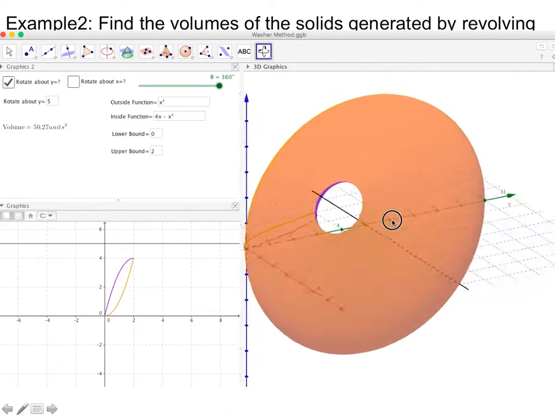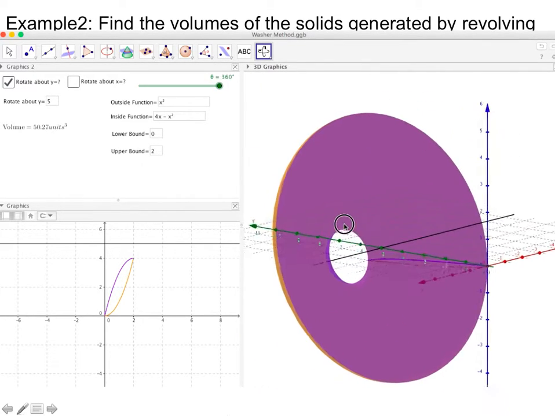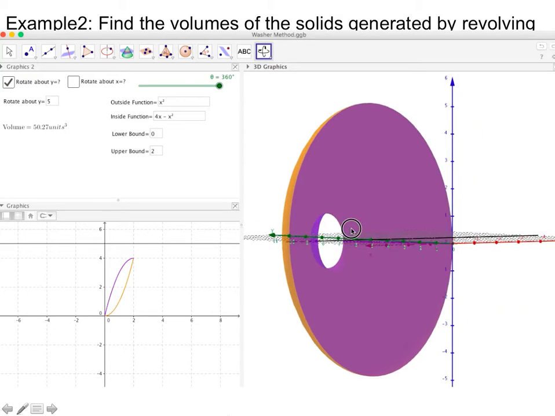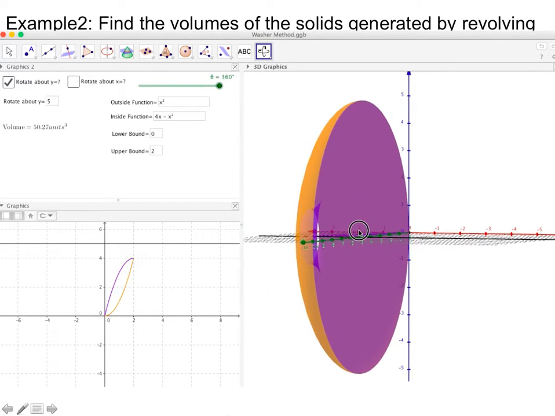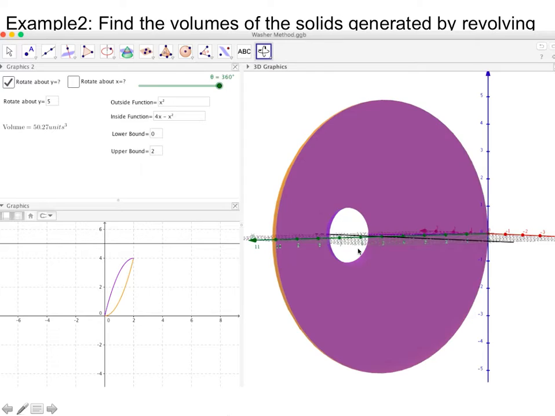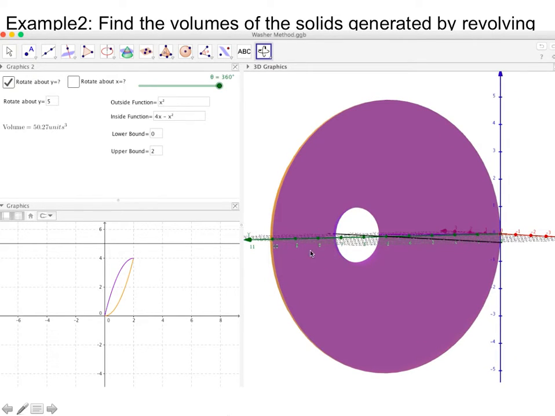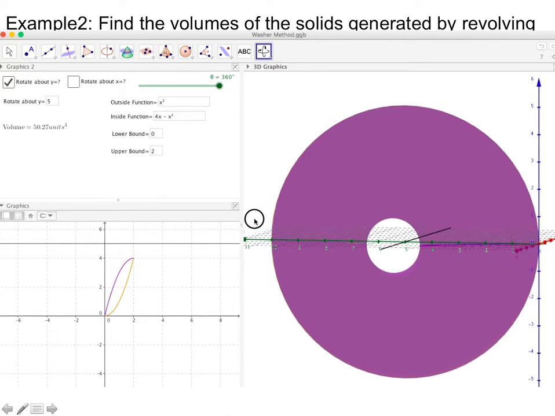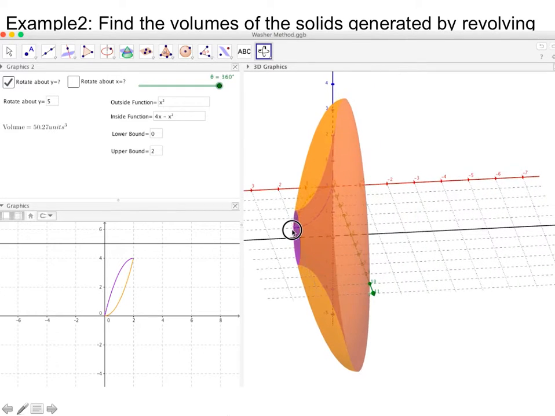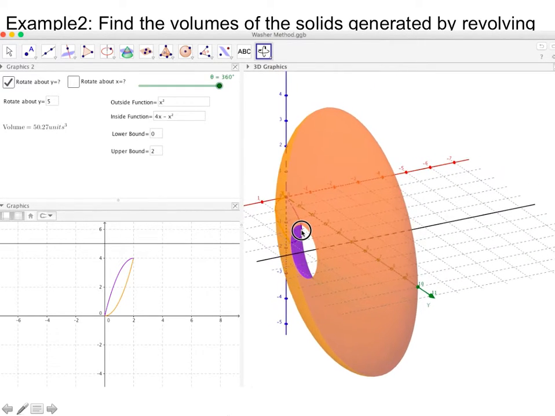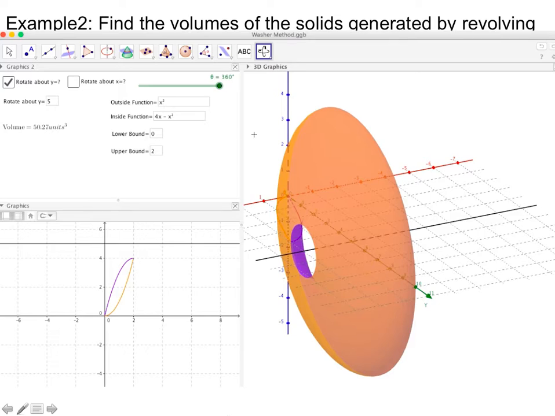Let's see if I can get the back side. There we go. There's your purple back side sloping inwards towards that center hole. That's what that 3D shape looks like.